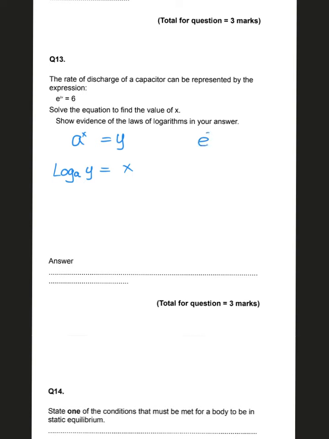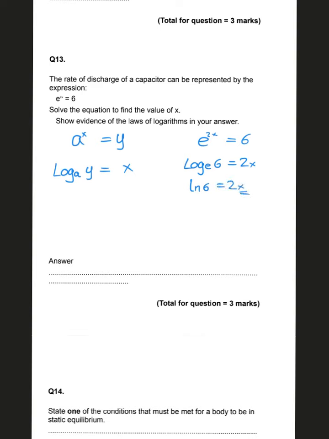So we have e^(2x) is equal to 6. We can rewrite this log, our a value here is e, so log e 6 is equal to 2x. Log base exponential is the same as ln, the natural log, so ln 6 is equal to 2x.